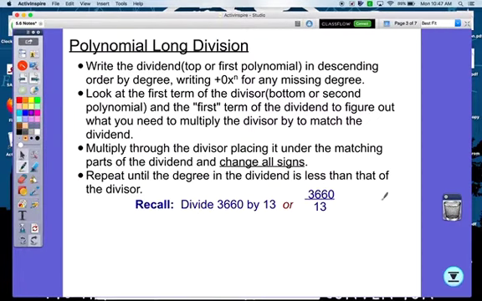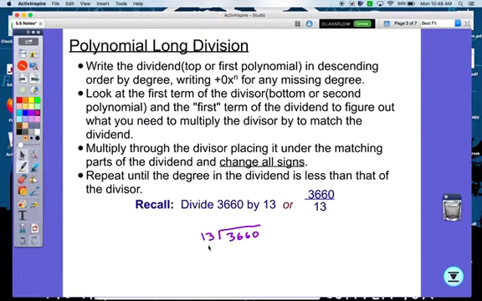All right, finally, polynomial long division. It's kind of like doing old school long division. If I said 13 into 3,660, dividing 3,660 by 13, I don't do it all at one time.